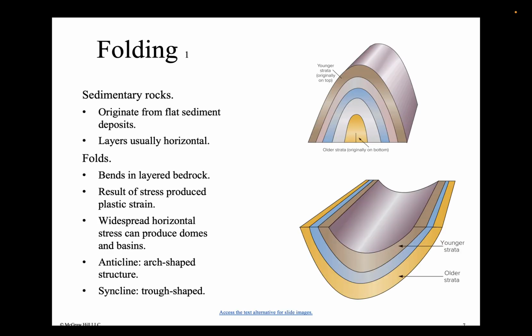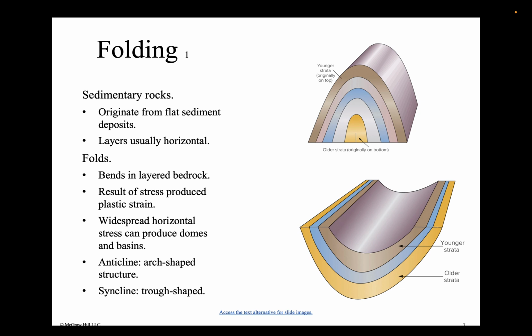Folding happens when, for instance, we studied the sedimentary rocks when we talked about rocks, and I assumed that those sediments are usually positioned in flat layers, right, which are usually horizontally placed one on top of each other, okay?